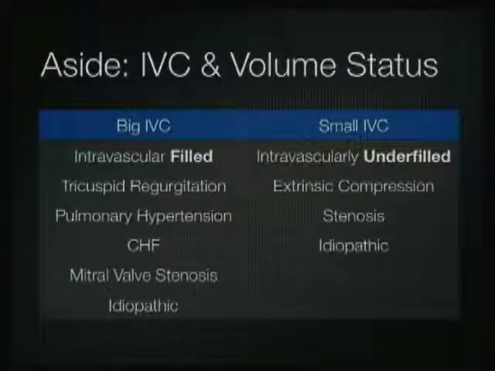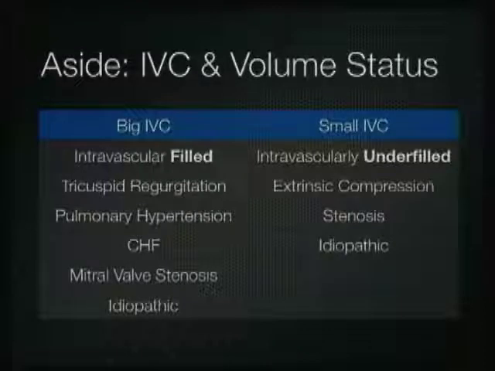So continue to give fluids. And just as an aside, the inferior vena cava is talked about a lot in literature as being a surrogate for volume status, but we have to remember that there are other things that can cause an IVC to be dilated or small, namely tricuspid regurgitation, pulmonary hypertension, heart failure, mitral valve stenosis, and sometimes people have an idiopathically enlarged IVC.